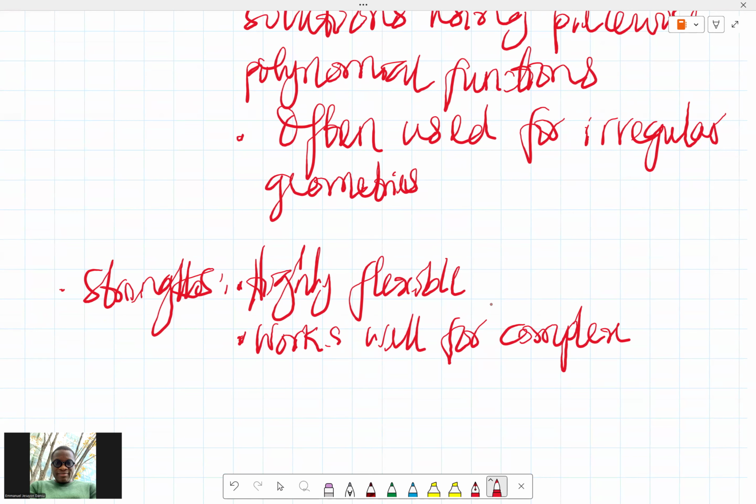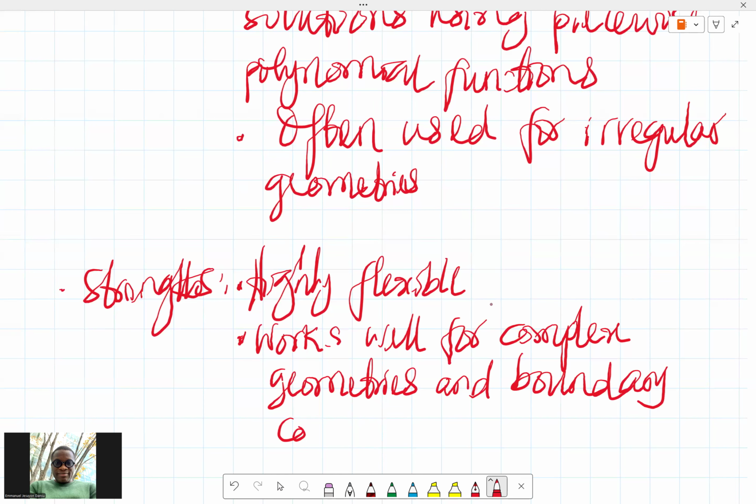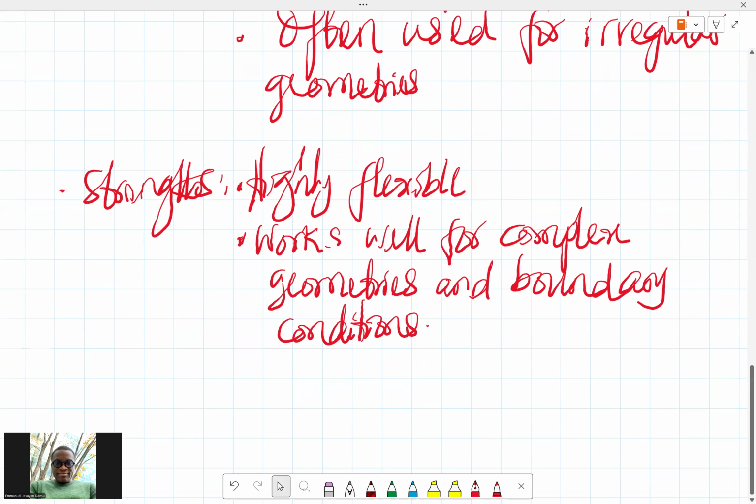So this works well for complex geometries and complex boundary conditions.